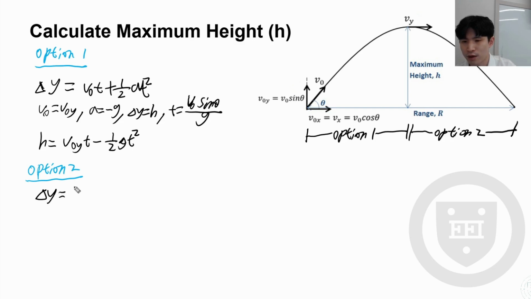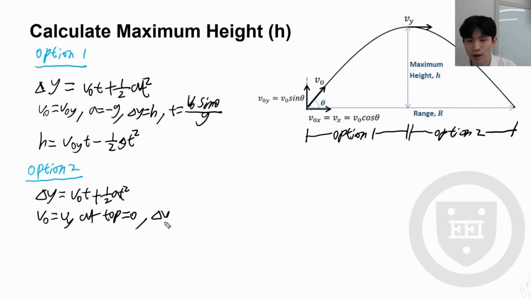So delta y is v naught t plus 1 over 2 a t squared. However, for option 2, v naught is vy at top, which is 0. And delta y is minus h because it travels h units downwards. And a is, of course, minus g. And time is, of course, the same as above.